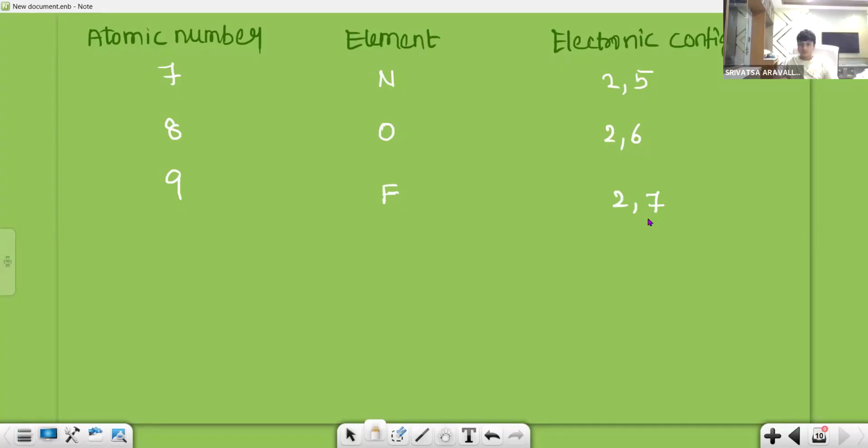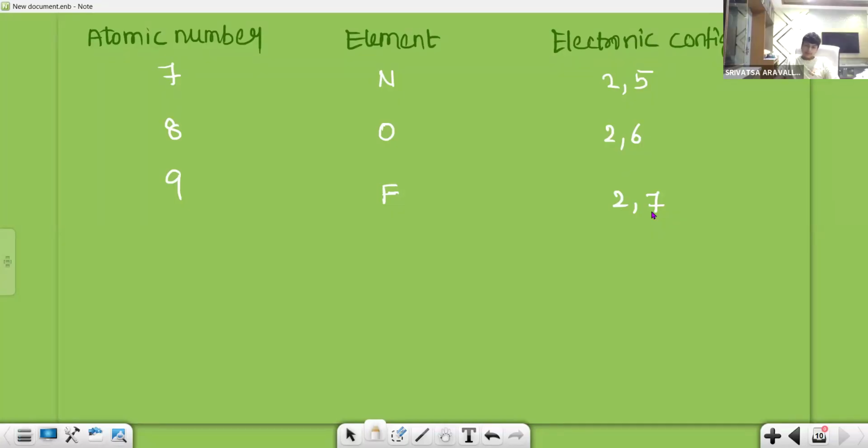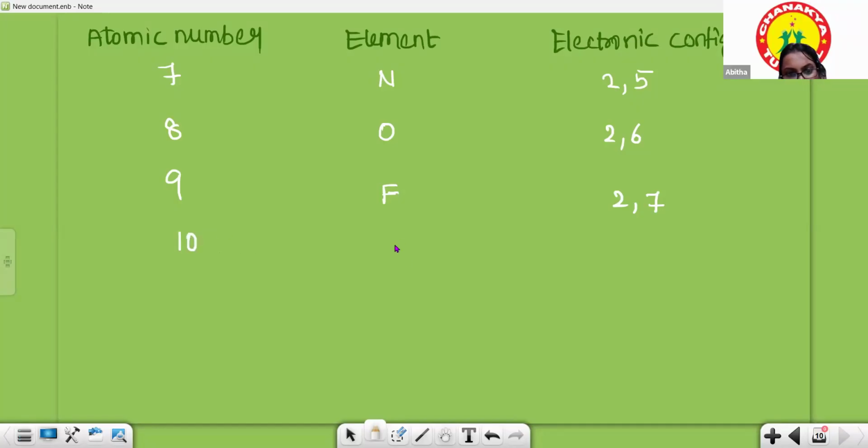Among the 9 electrons of fluorine, you fill 2 in the first orbit and 7 in the second orbit, so the electronic configuration becomes 2 comma 7.